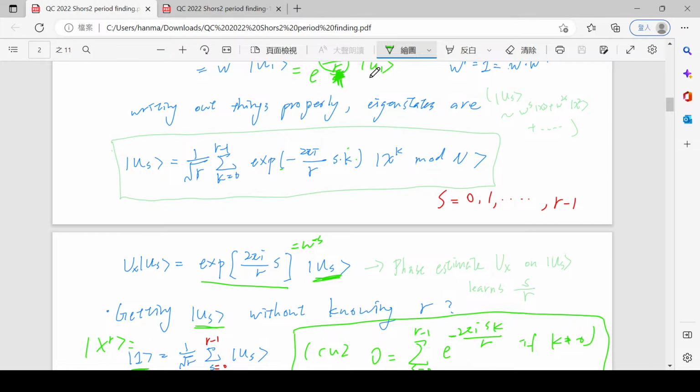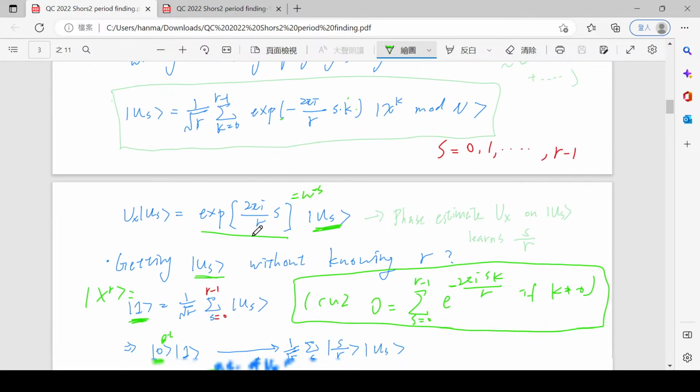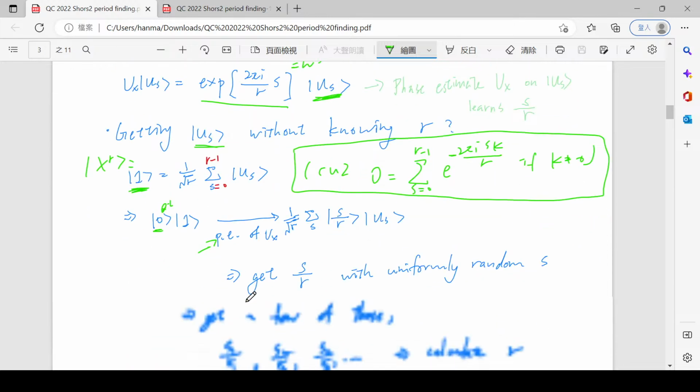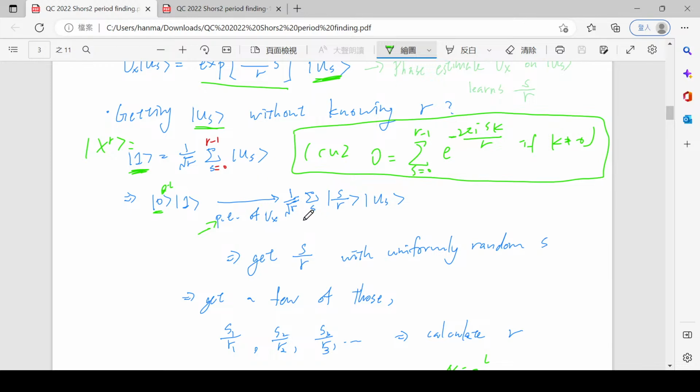They are hard to find, but 1 is a uniform superposition of those eigenvectors. So if you do phase estimation on 1, then you are basically doing phase estimation on a random one of them because it's an equal weight superposition.